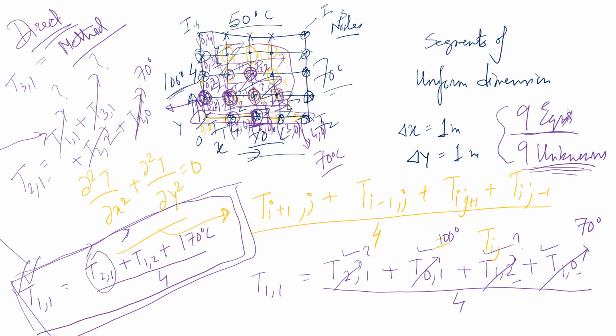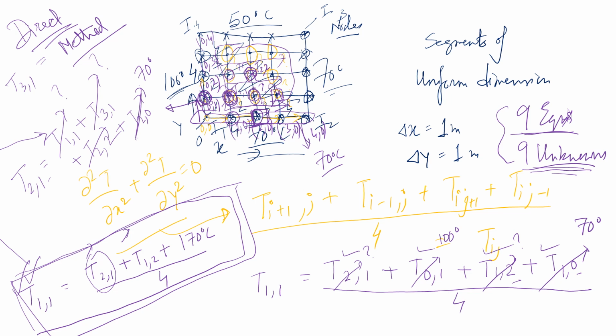Direct method of discretizing the elliptic PDE, which in this example represents the temperature distribution in the internal area of a square metal plate.